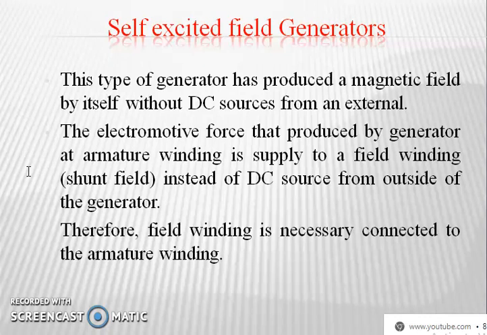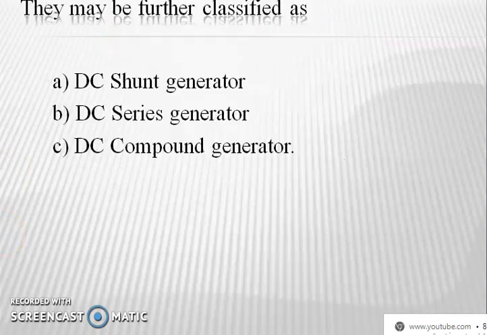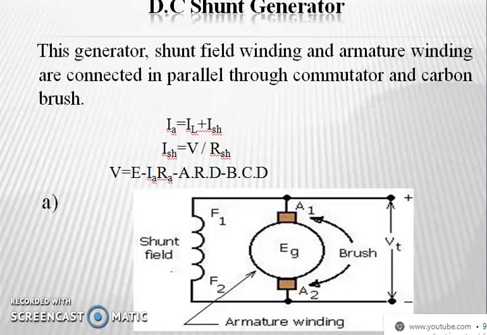Therefore, based on how the field winding is connected to the armature winding, the self-excited DC generators are classified into three types: the DC shunt generator, the DC series generator, and the DC compound generator. Once again, these are the three types of self-excited DC generator. One by one we'll look into these parts.